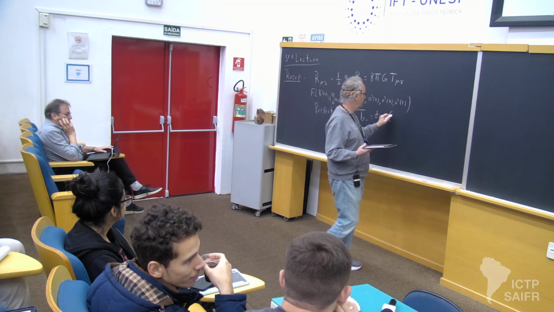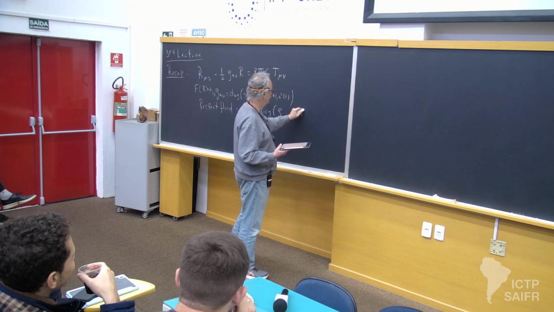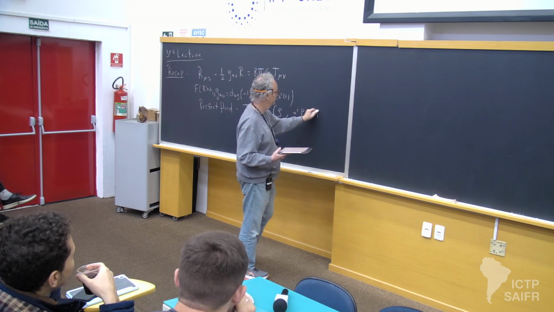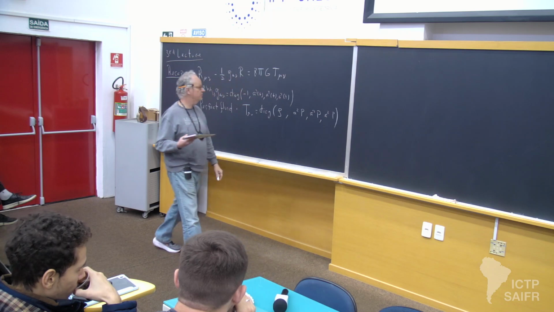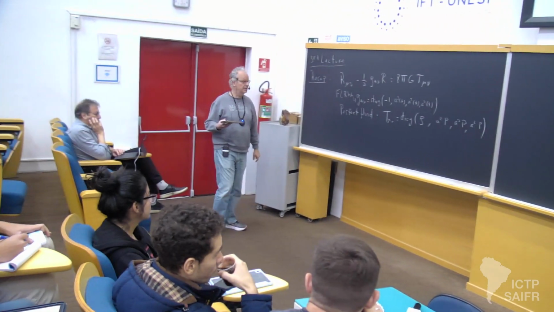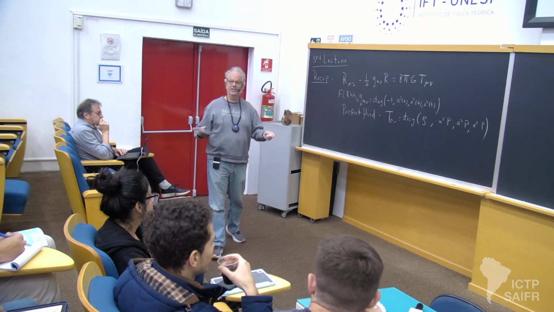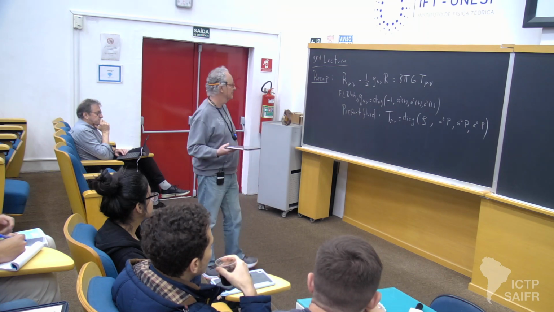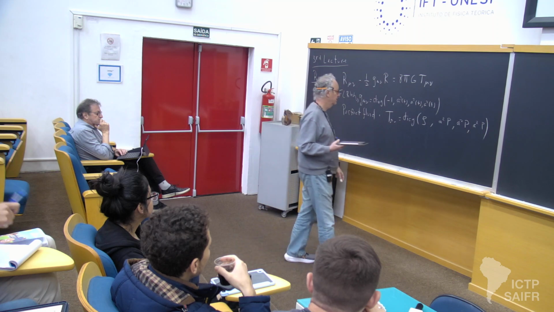And the first component is the energy density, and the other components are the pressure of the system, of the fluid. So this is a fluid description of the stuff, matter radiation in the universe. Okay, so that's what we did.